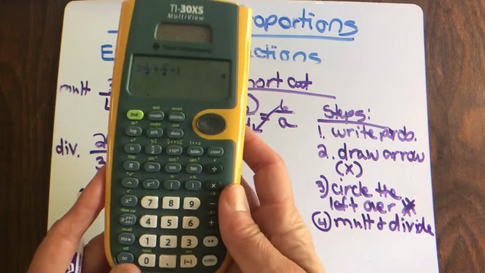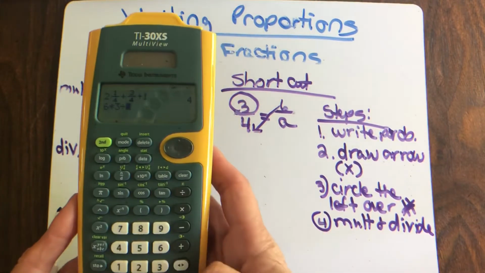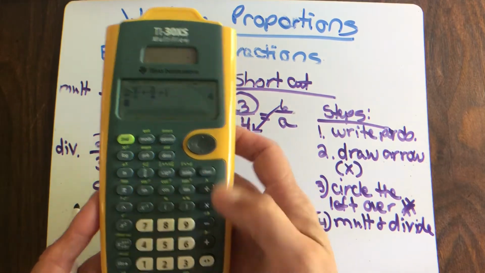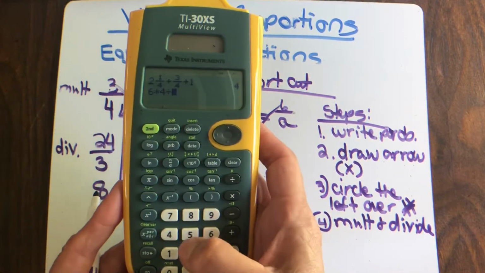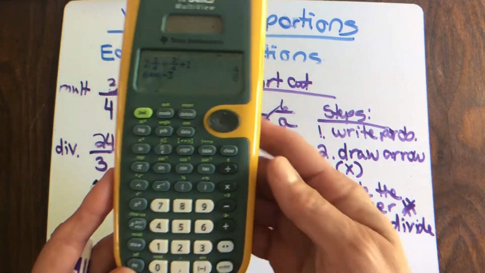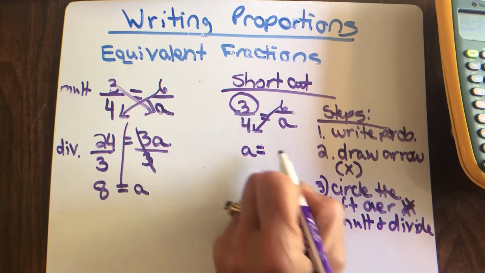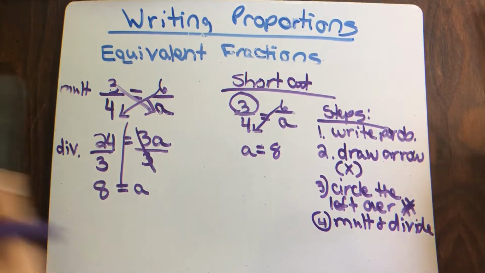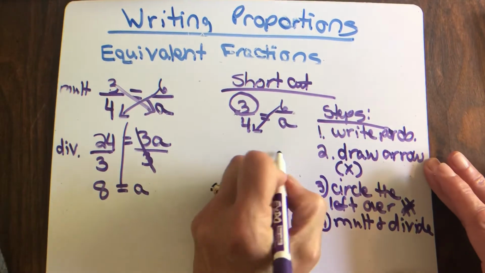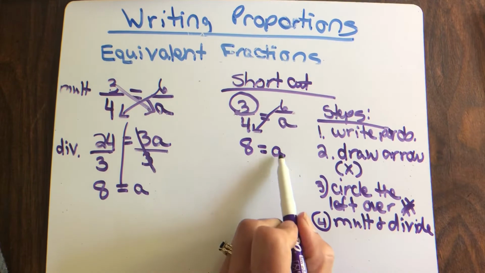Okay? Get your calculator out and let's do it. So you go 6 times 4 divided by 3. Okay? And I got 8. So A equals, go ahead and write it, A equals 8. And you can keep your A on that other side. We do need to get in the habit of keeping it on that other side. It still says A equals 8.